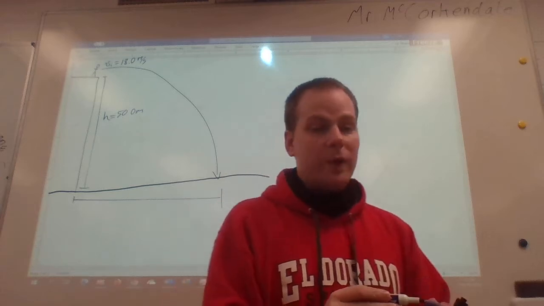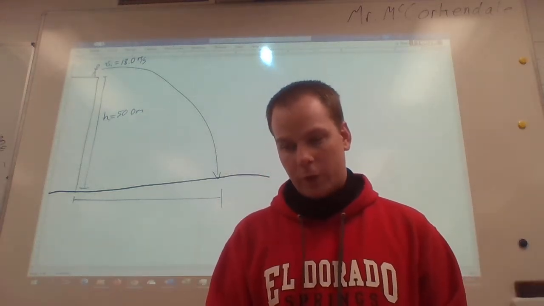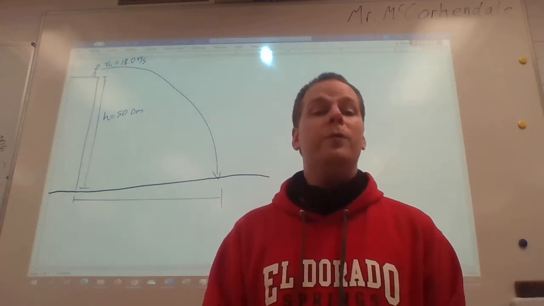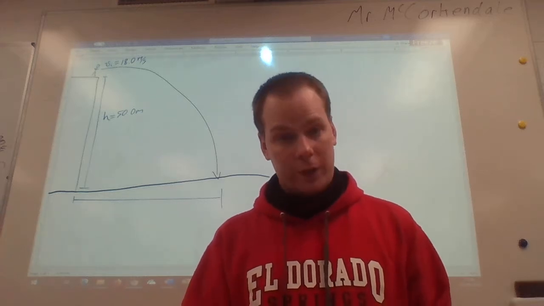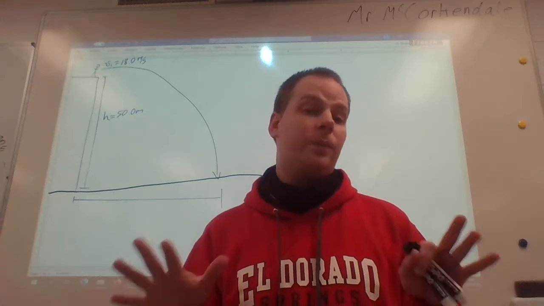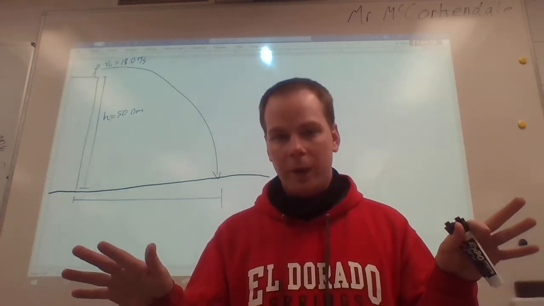So the first thing we need to do to really start to solve this problem is draw a little table. This table will not be of any use to you if there is no acceleration in the problem. There has to be acceleration. If it's not acting as a projectile, this table will be worthless to you. Okay?